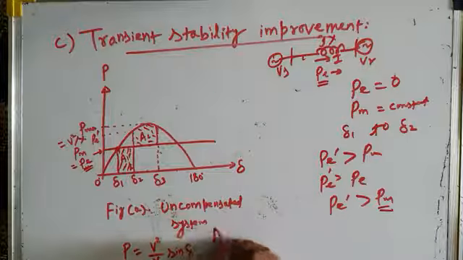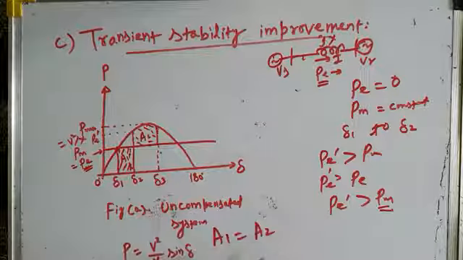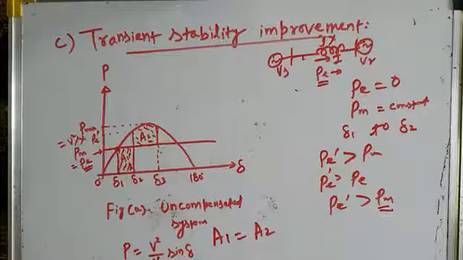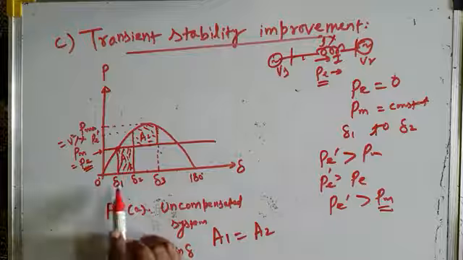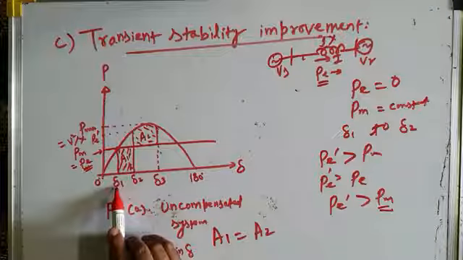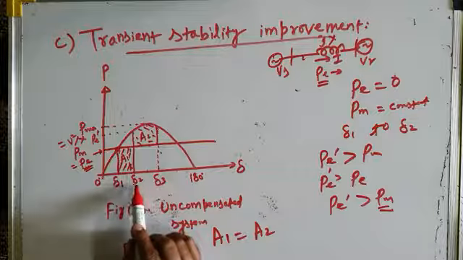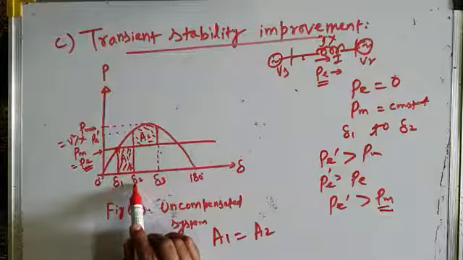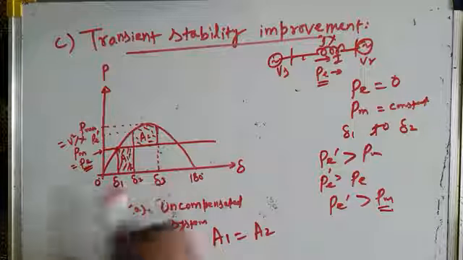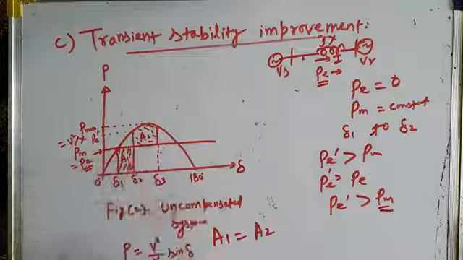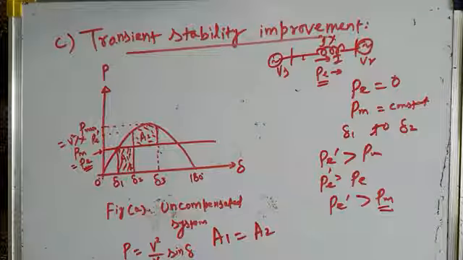So therefore A1 is equal to A2, and as soon as A2 becomes equal to A1, your machine comes back to steady state operation. Initially, your transmission angle increases from delta 1 to delta 2 when the line is tripped and the fault is cleared here, then the transmission angle increases from delta 2 to delta 3. During the process from delta 1 to delta 2, the machine accelerates, and this area A1 represents the accelerating kinetic energy, and from delta 2 to delta 3 the machine decelerates, and A2 represents the decelerating kinetic energy.